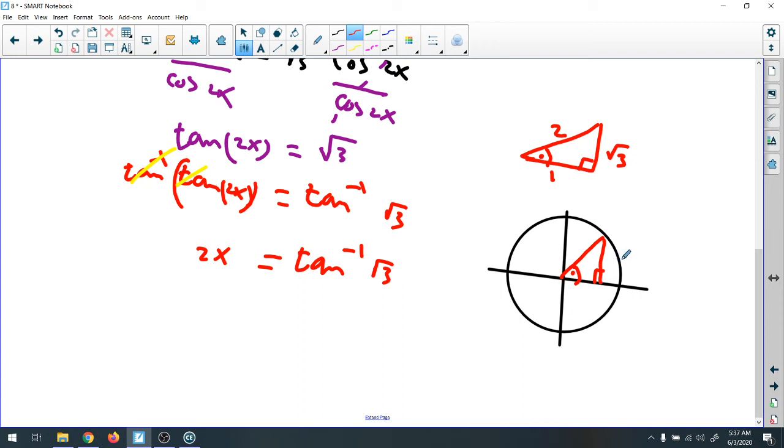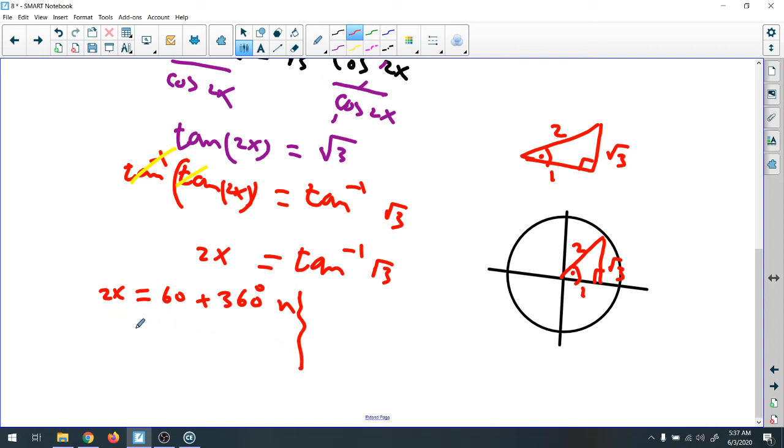The opposite is square root of 3 and adjacent is 1, because tangent is opposite over adjacent, square root of 3 over 1. And hypotenuse is 2. So this is 60 degrees and it's in the first quadrant. This is the first solution. We have two solutions for that. 2x could be 60, or you spin around, complete a circle, 360n or k. And this is the first solution.